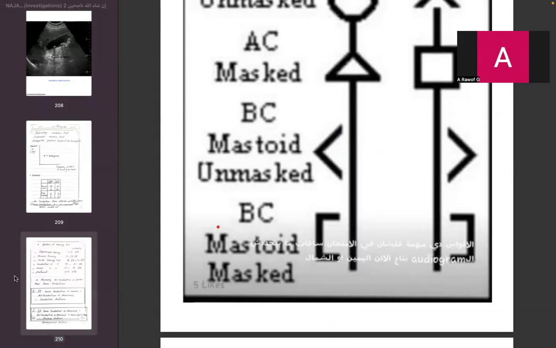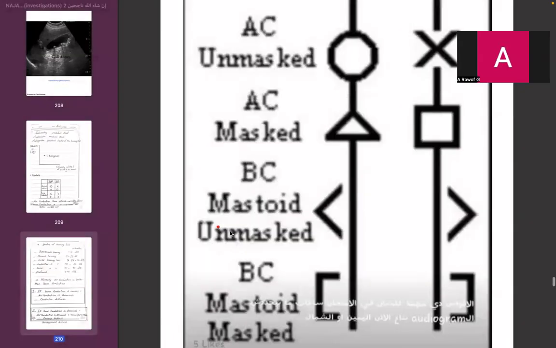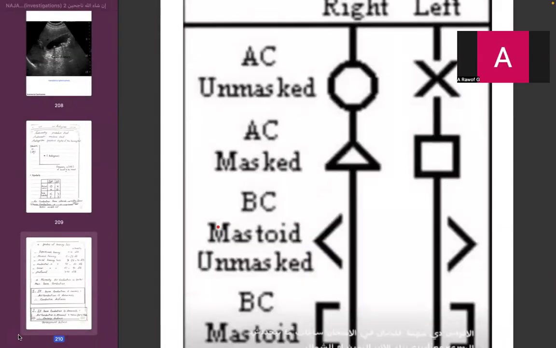Similarly, for the left ear, air conduction unmasked is X, air conduction masked is square. Let's change the color for the left ear, it's always blue.